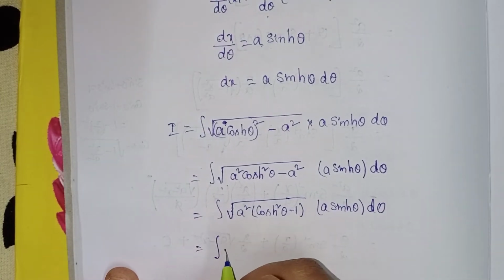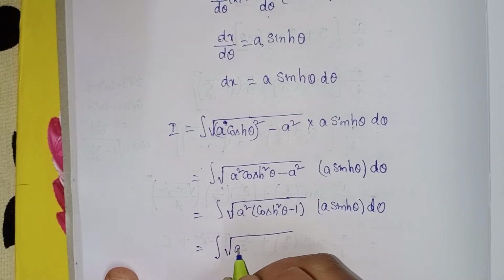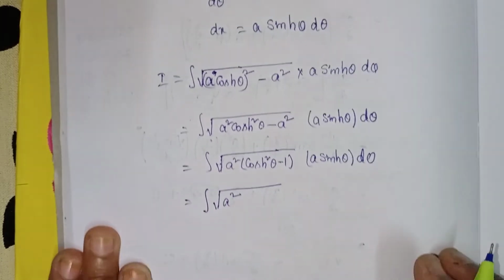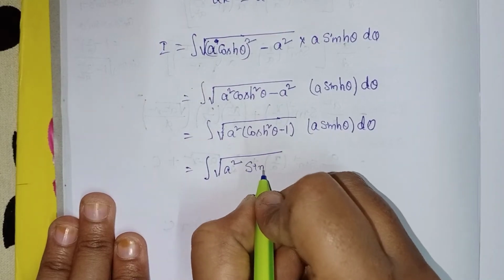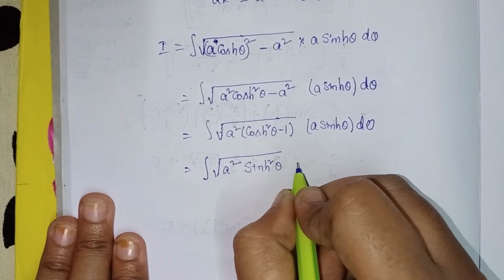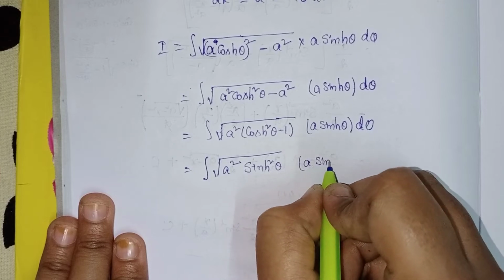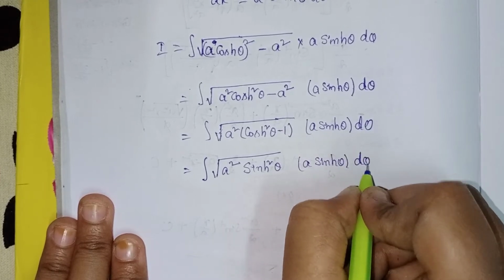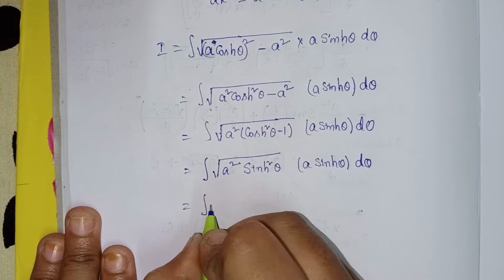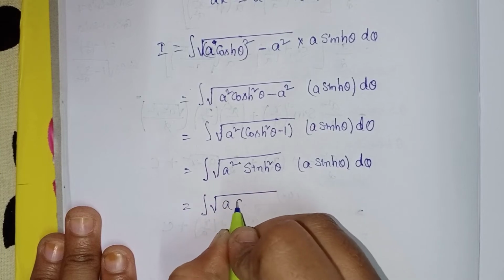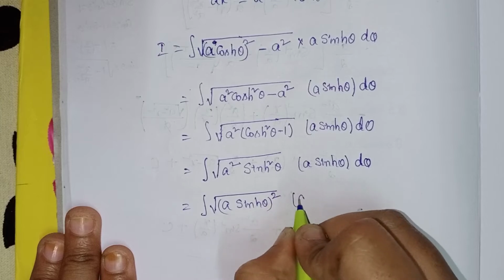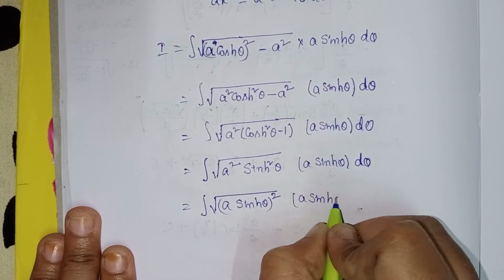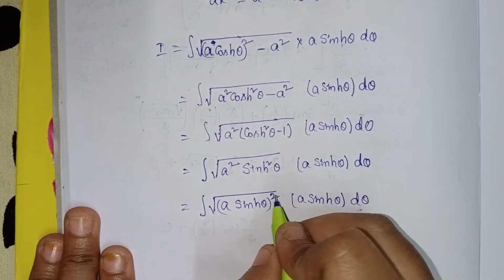Integral of square root of a square into cos h square theta minus 1, which is sin h square theta, into a into sin h theta d theta.